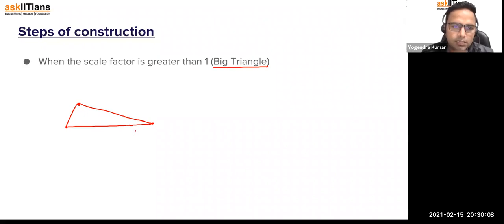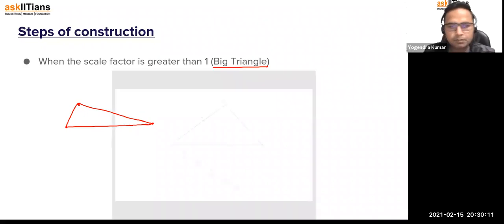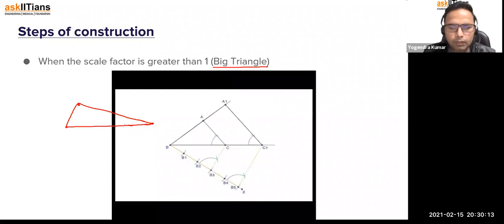The ratio of sides, what we want, that will be given. So let me explain here. There is a triangle ABC which is given to us. Now we want a bigger triangle to this, in the ratio of 5:3.